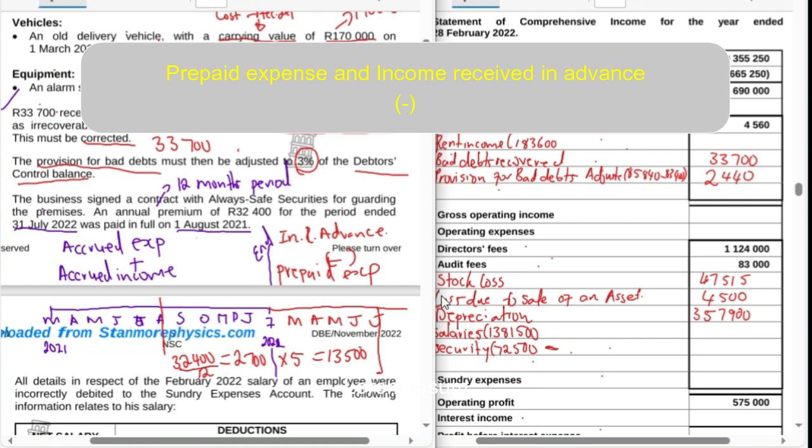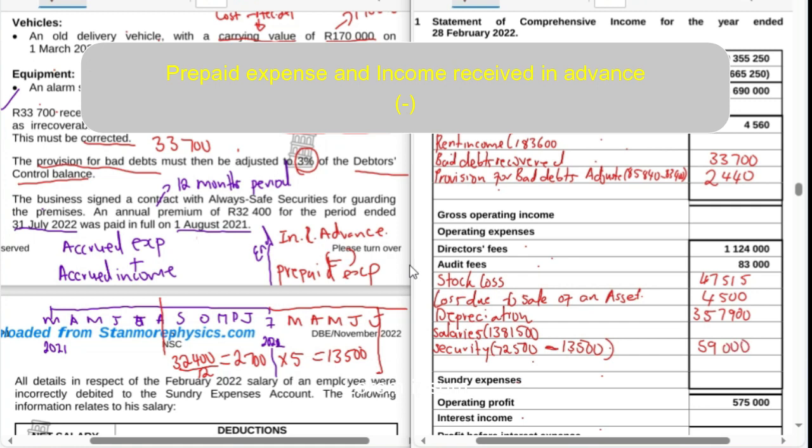And then under security, we are going to subtract 13,500. The final answer for security will be 72,500 minus 13,500. At the end of our financial year, we only accumulated 57,000 for security.